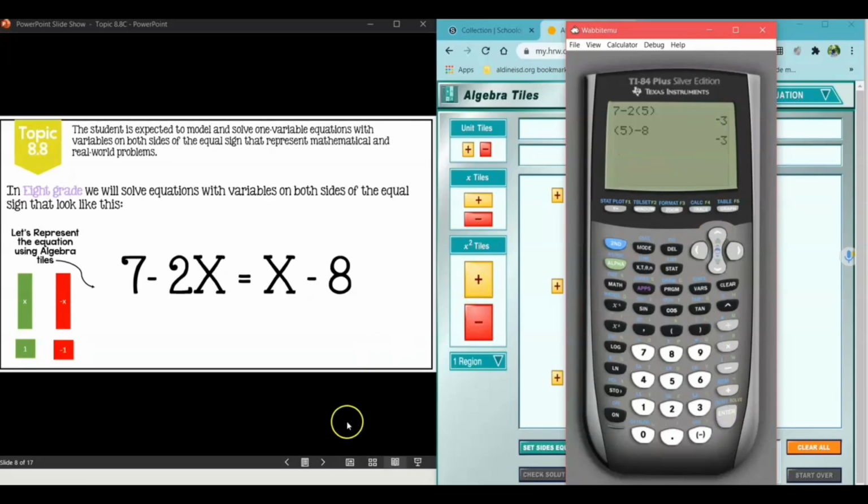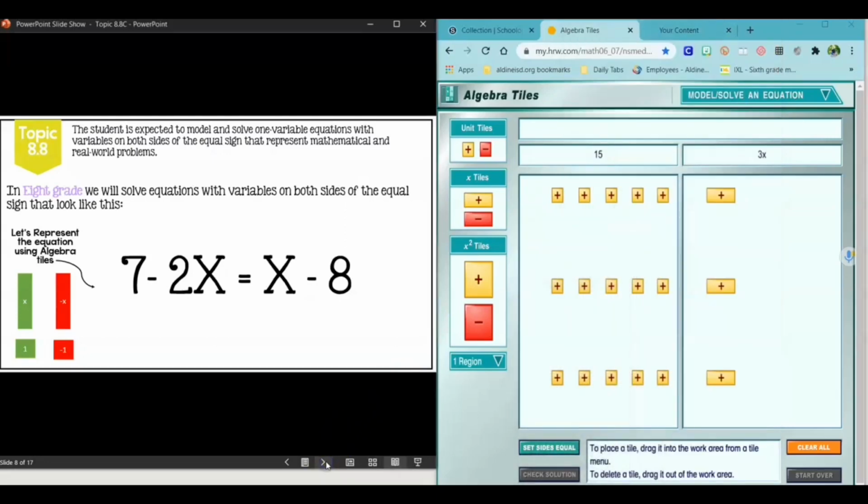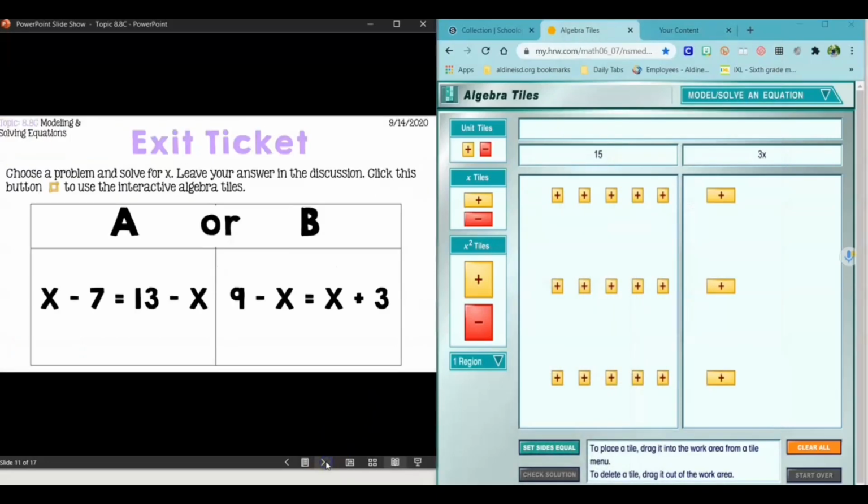Okay, so the next thing I wanted to talk to you about is this exit ticket. So here's your exit ticket for today. I'm giving you the option. You can choose either A or B, but you need to choose one. It says choose a problem and solve for x. Leave your answer in the discussion. Click the link, click this button to use the interactive algebra tiles.